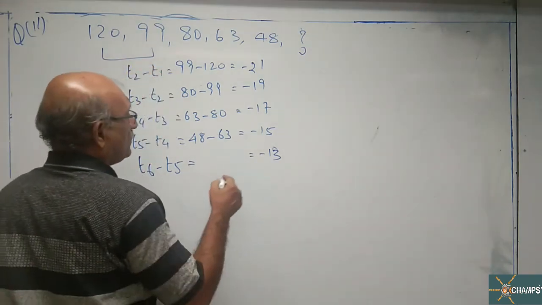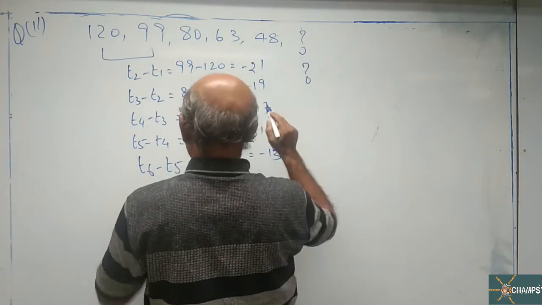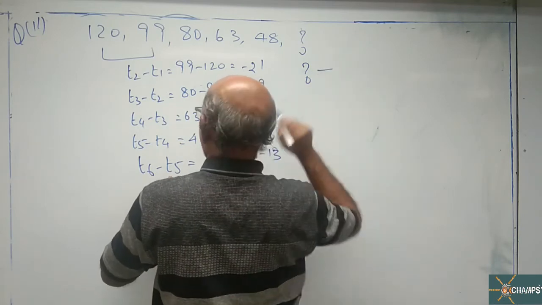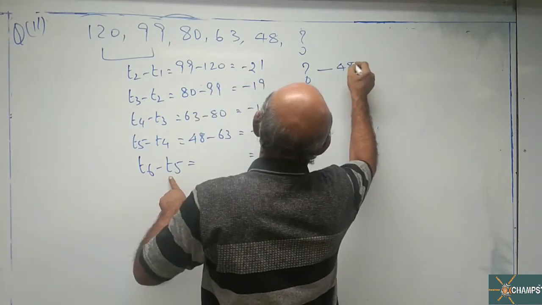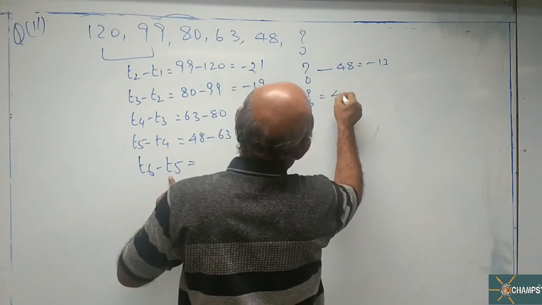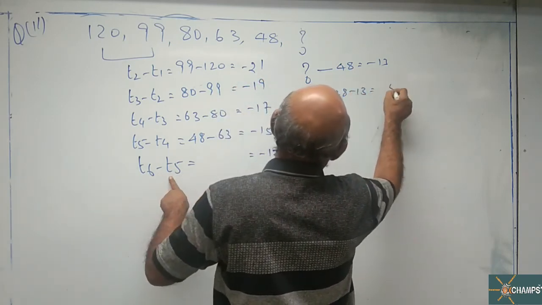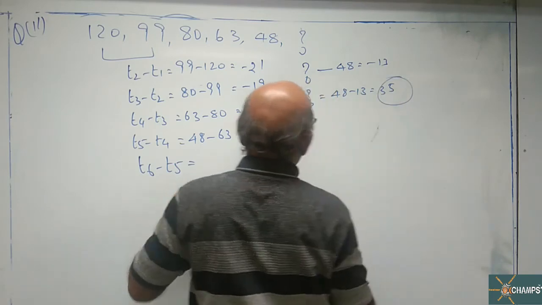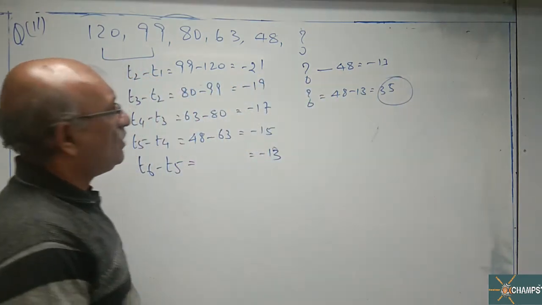So T6, question mark, minus T5, 48, is equal to minus 13. Question mark is equal to 48 minus 13, which is 35. Question mark is equal to 35.